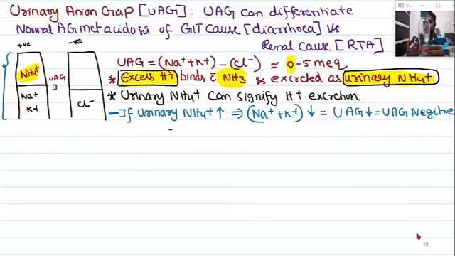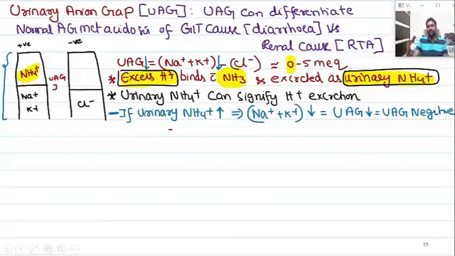Because of some disease, if measured is decreasing, unmeasured will gradually increase, and if unmeasured is increasing, measured will decrease. In the question, NH4 plus is increasing. Whenever urinary NH4 increases, automatically Na plus K plus will decrease. So whenever Na plus K plus decreases, what happens to urinary anion gap?